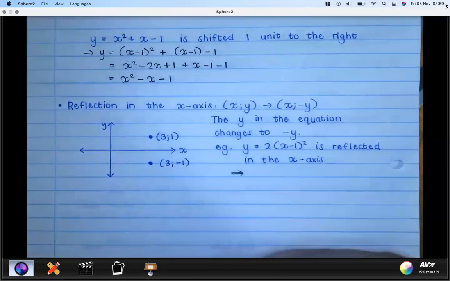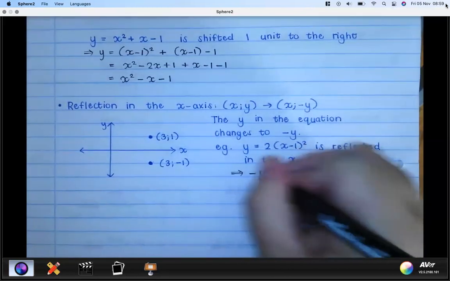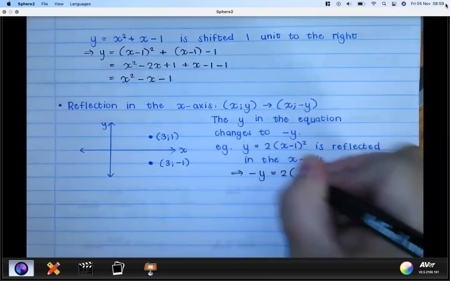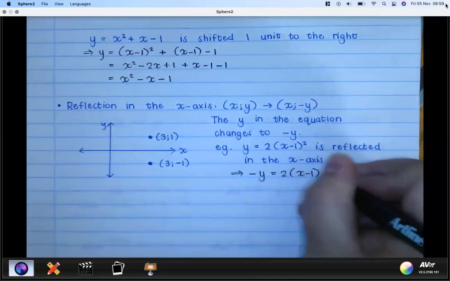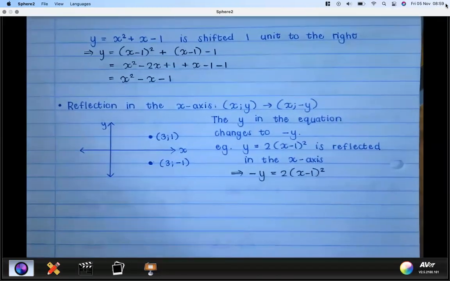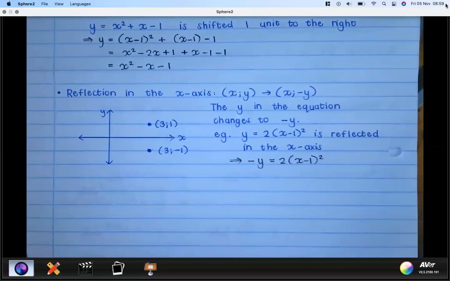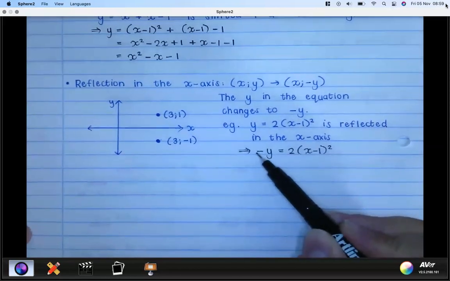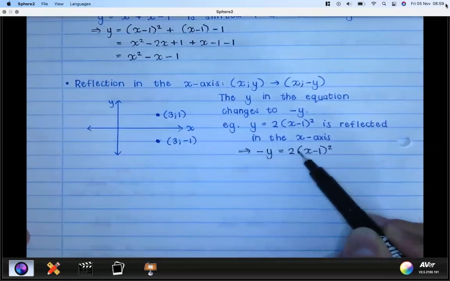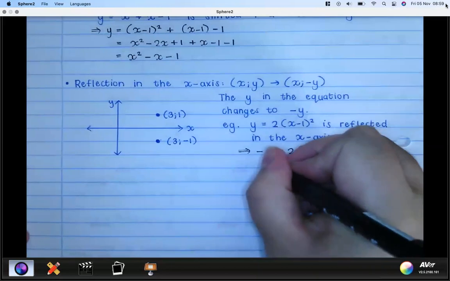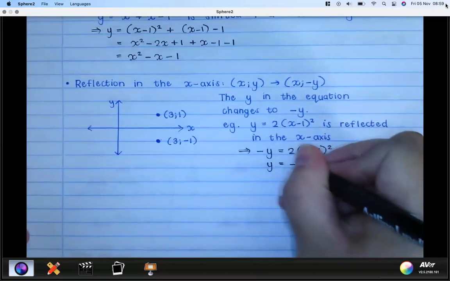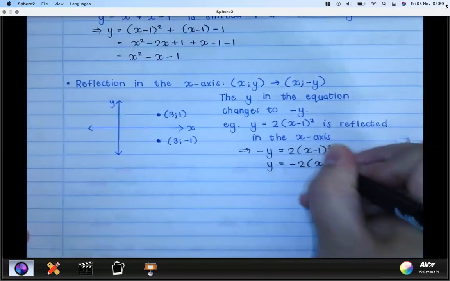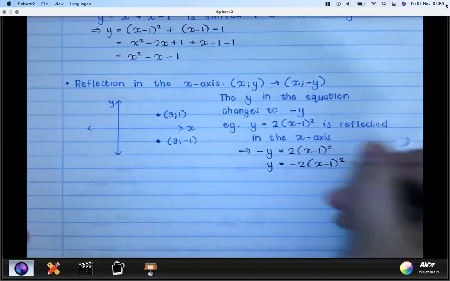So y is going to become negative y equals 2(x minus 1) squared. You're not allowed to leave it like that though. When you are writing the equation of a graph, you always have to have y, not negative y. So all I'm going to do is move that minus over to the other side. So this equation is in fact y equals negative 2(x minus 1) squared.